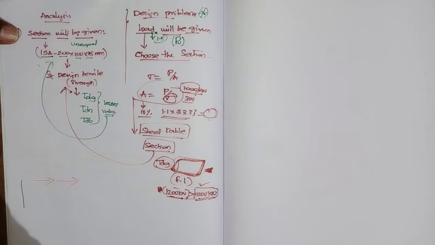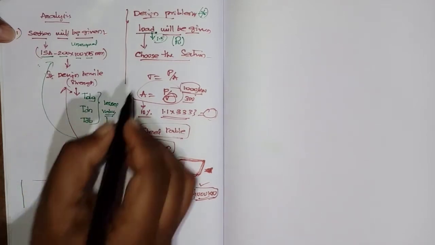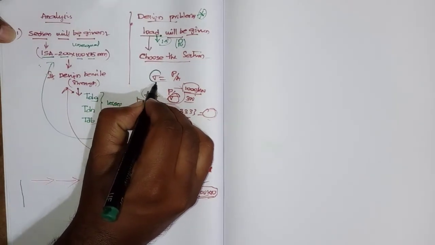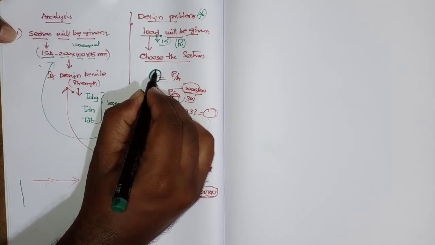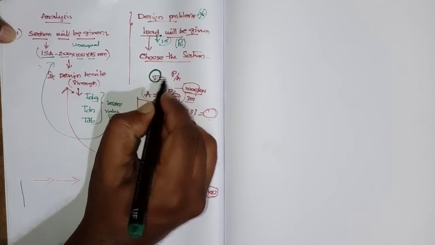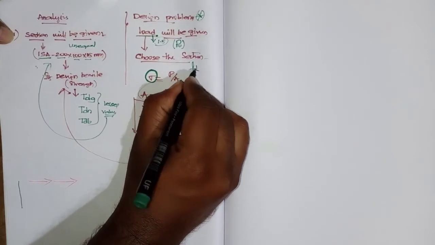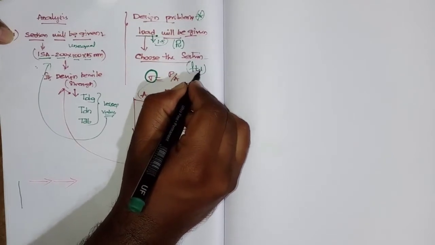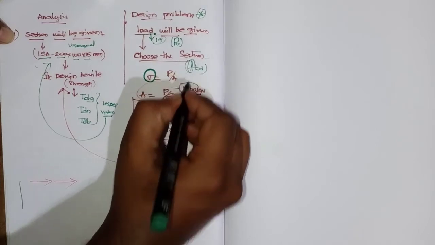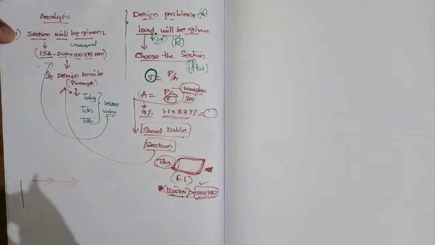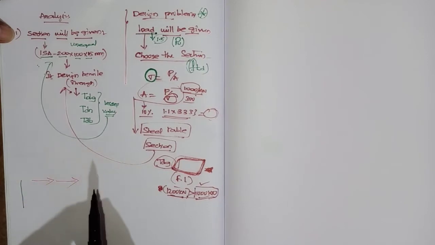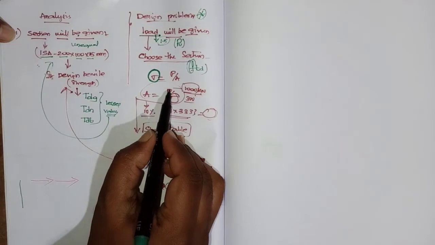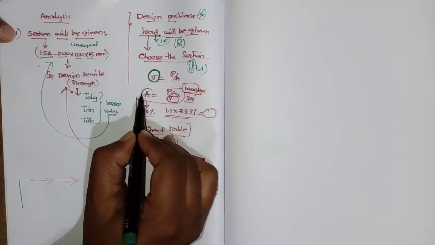For choosing the section you have to assume a value: the permissible design tensile stress, generally denoted by FTD. F is denoted by stress and T is nothing but tensile. You take the factored load divided by that stress, and you will get the area.